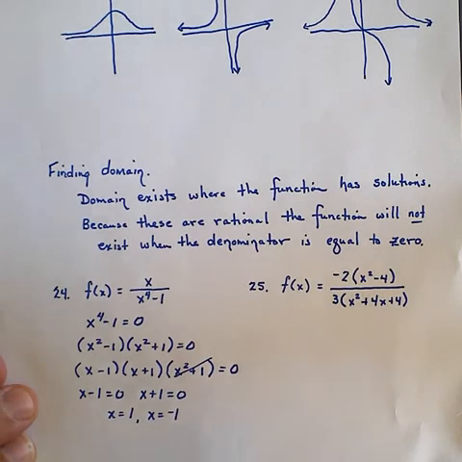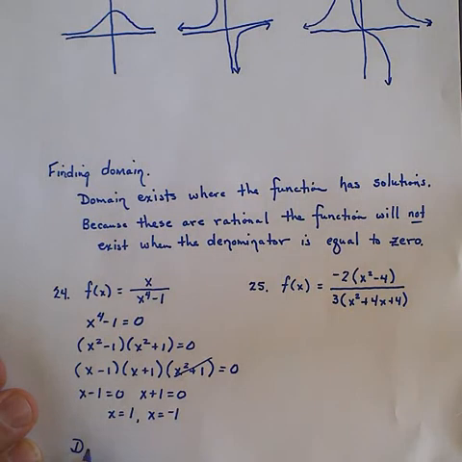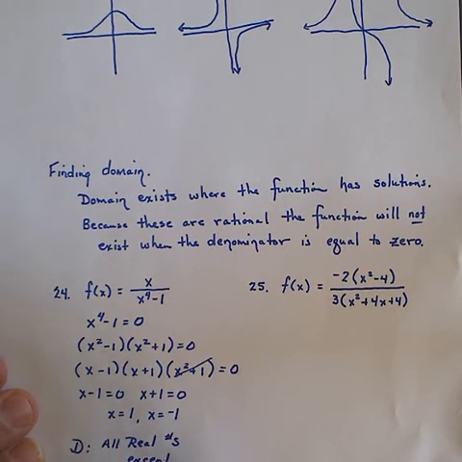So based on that, my domain is all real numbers except x equals plus or minus 1. There are different ways you can write this. That's one way you could write it. I'll show you a different way on this next one.